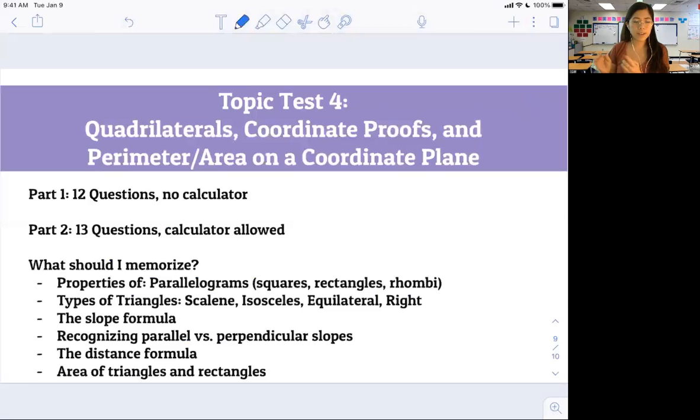You should be memorizing the properties of all your parallelograms: what makes it a square, what makes it a rectangle or a rhombus. 4 types of triangles, what they each look like. The slope formula. Recognizing parallel versus perpendicular slopes, the distance formula, and the area formula for triangles and rectangles. That is everything that you should have memorized by Tuesday. I don't want to hear it. You better be memorizing over the weekend.